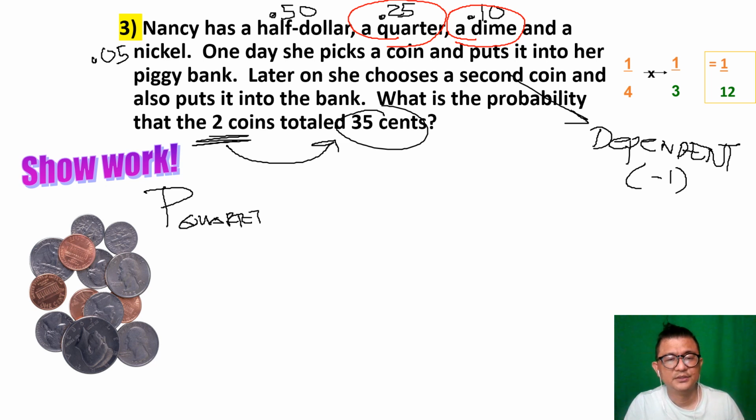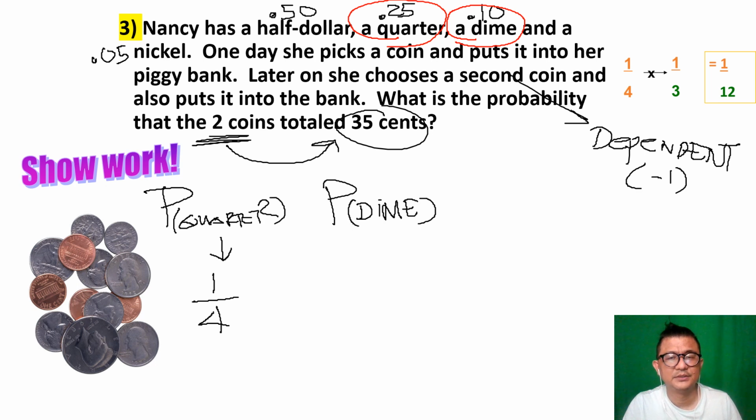The probability of getting a quarter is how many? 1 out of 4. Okay, so next, the dime. The probability of getting a dime, assuming you took already a quarter. The quarter is not there anymore, so the dime is there.